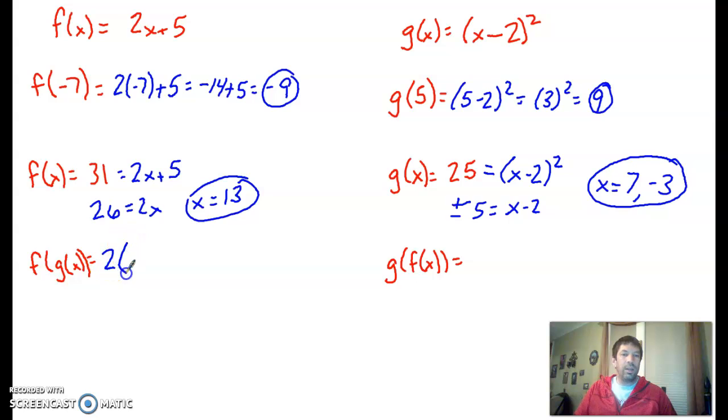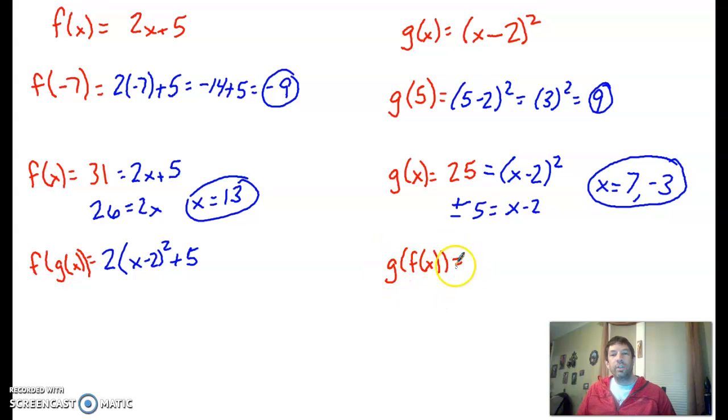So 2 times g of x, and g of x is (x minus 2) squared. So 2 times (x minus 2) squared, and then we still have the plus 5. Really, I would be okay if you left your answer like that. You could multiply this out if you wanted to, but I'd be okay if you left your answer like that.